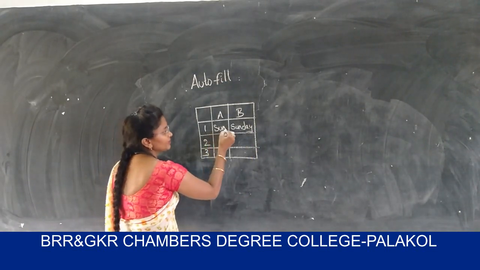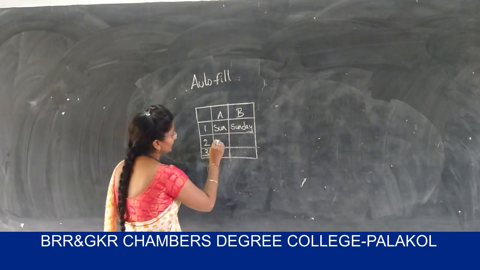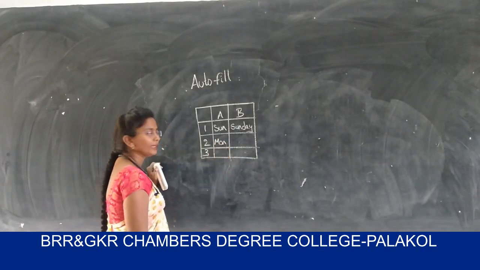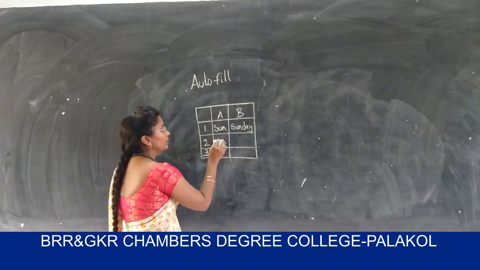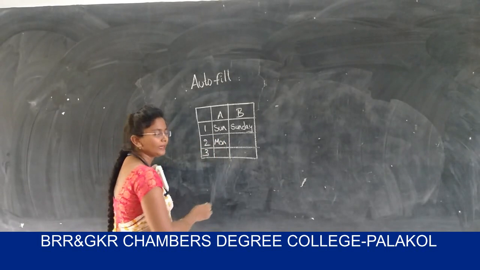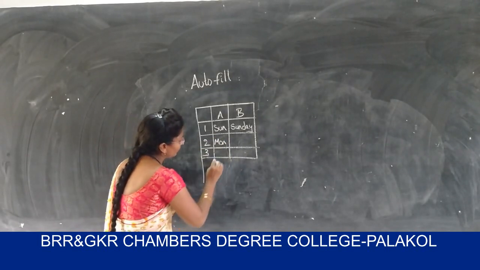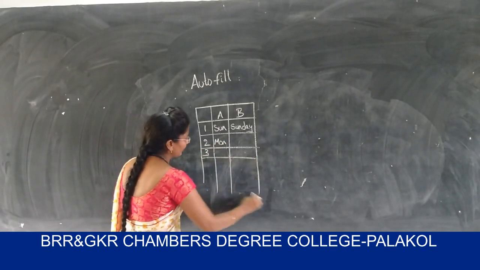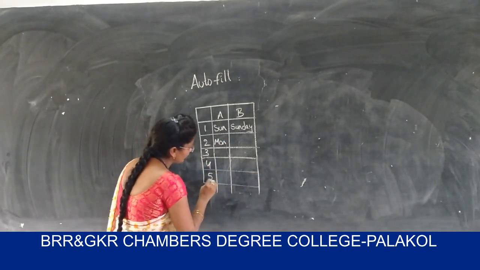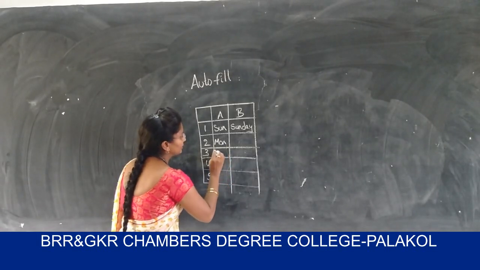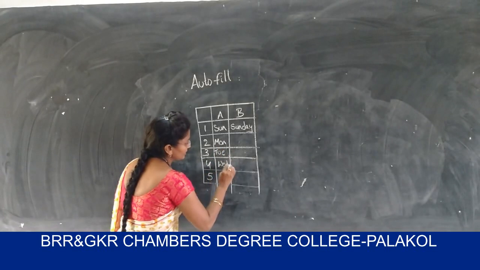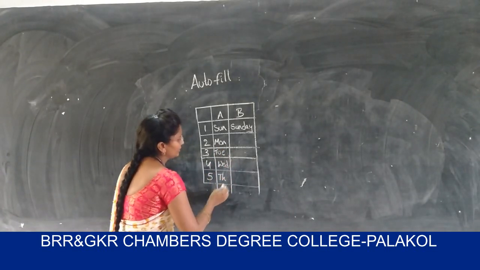Here I am taking SUN and at the second cell I am taking MON and I am selecting both these two cells and dragging towards the downward direction. If I am dragging towards the downward direction, then automatically the next series will be followed. After Monday it will appear Tuesday and Wednesday and then Thursday.